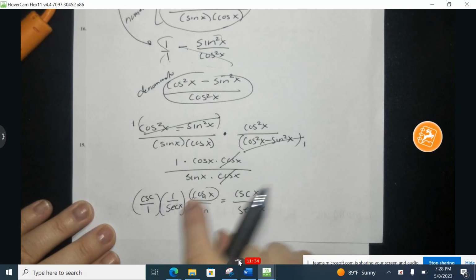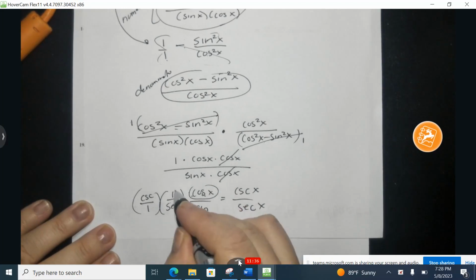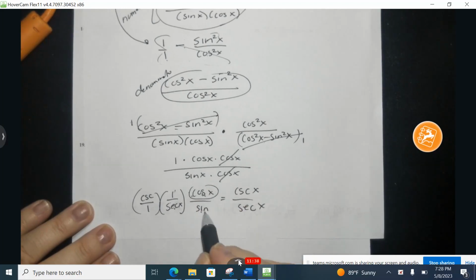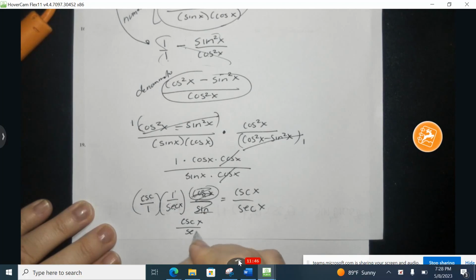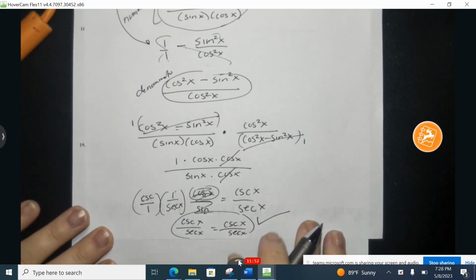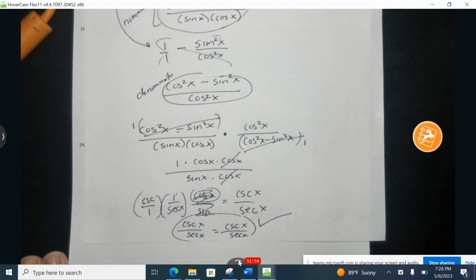Notice how it's reciprocal each time? So this can be written as 1 over the secant, and this can be written as, since it's on the bottom, the reciprocal goes on top. So that's another way to write this, and then when you multiply across, you get cosecant of x over secant of x, and now the left-hand side equals the right-hand side. There very well may be a much, much easier way to do this, and I would love to hear it. Let's go on to the next.